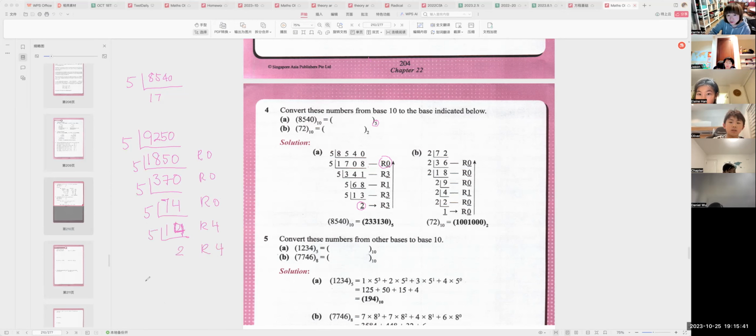Correct? Do we have any more? No. So Oliver, don't forget this last number. 244000 is the number transferred from 9250 base 10, equals 244000 in base 5. Understand, everybody?